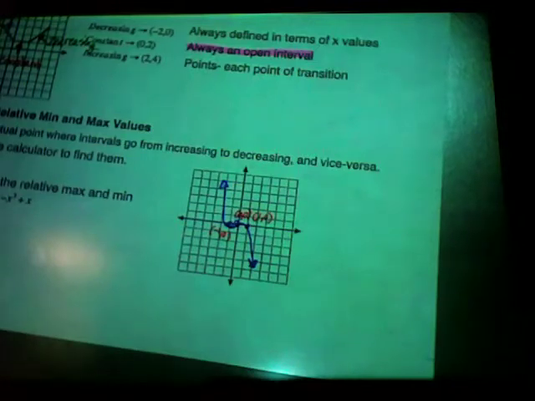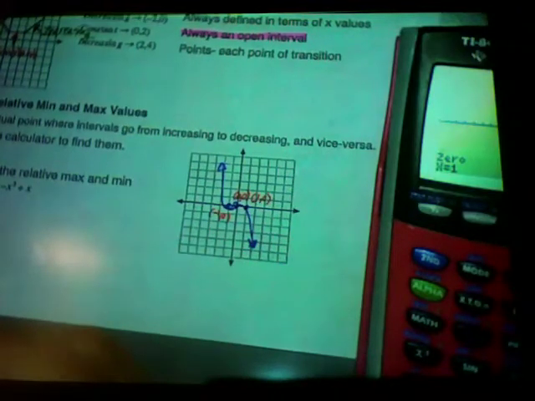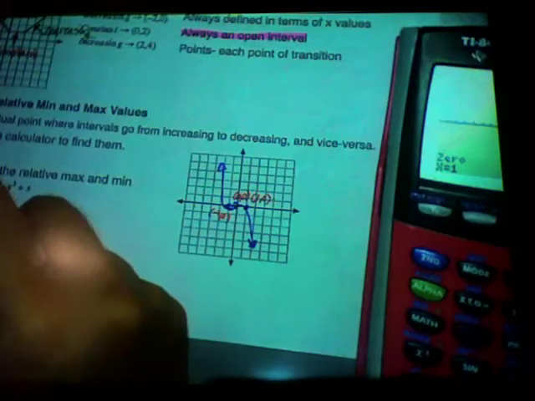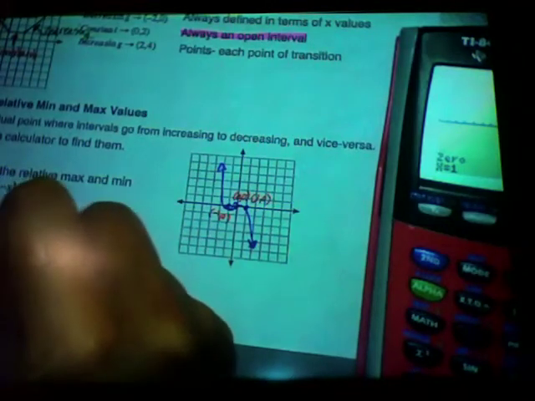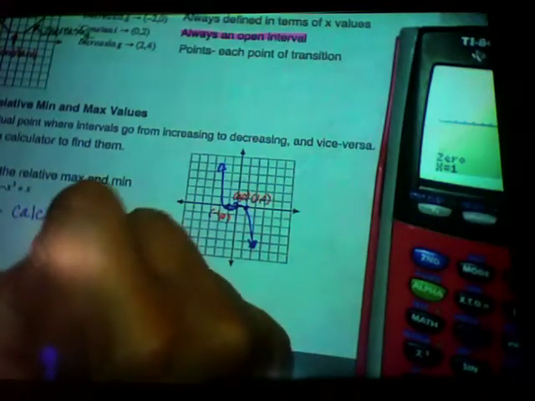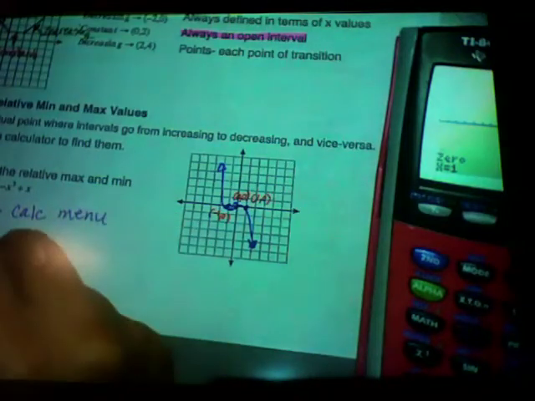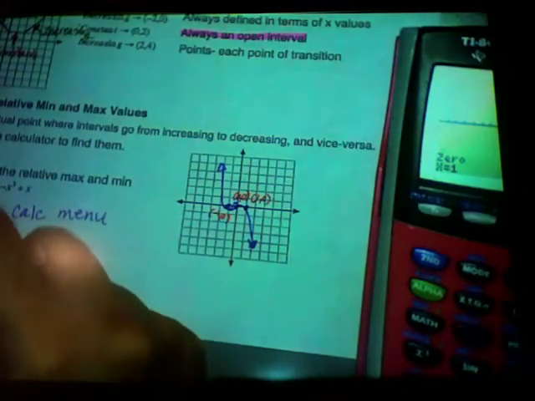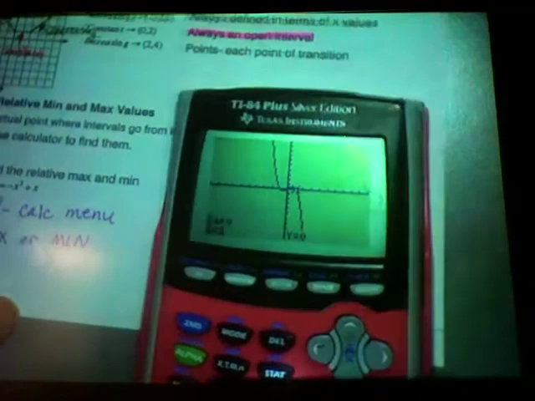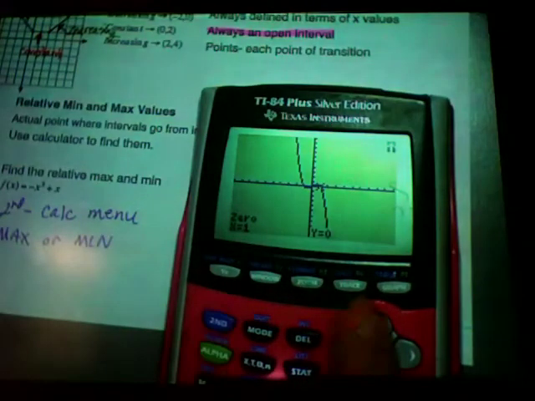All right, so then, how do you find your relative max or min? What menu on your calculator? The calc. So do second calc. And what are you looking for? We're looking for either choose max or min, right? Then you're going to do one of each. So here's my second calc.